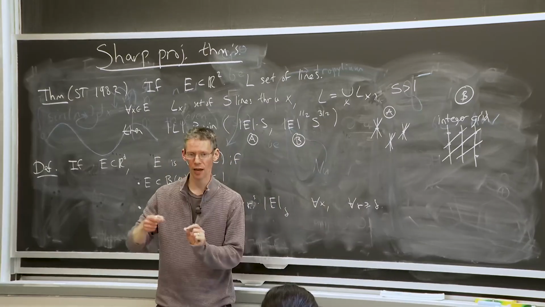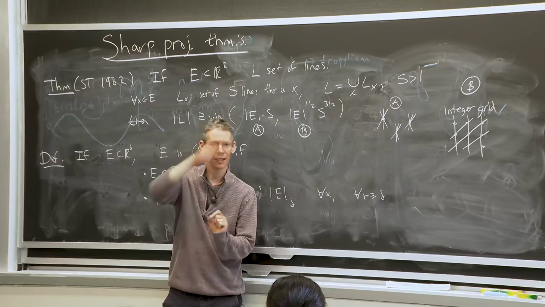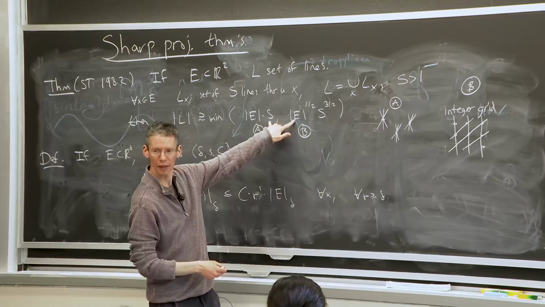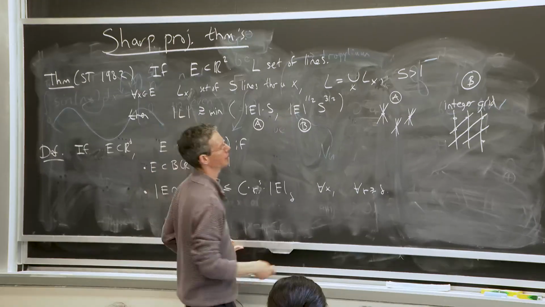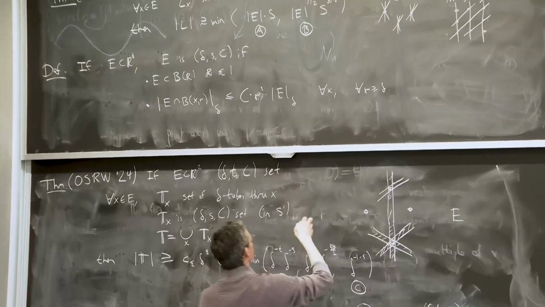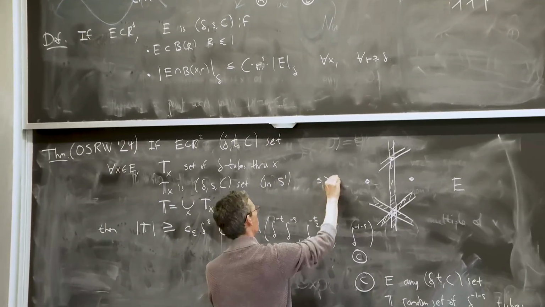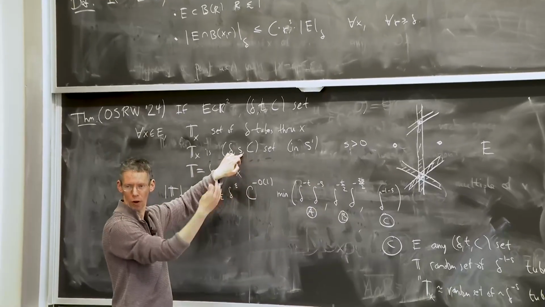You see, if I just had one line going through each of these points, then I could just have one line and a bunch of points on it. And 1 is not bigger than this. So that's a special case. And there is an analogous condition here. In our list of hypotheses, we need little s to be bigger than 0. This corresponds to having not just one tube through each of these points, but pretty many.